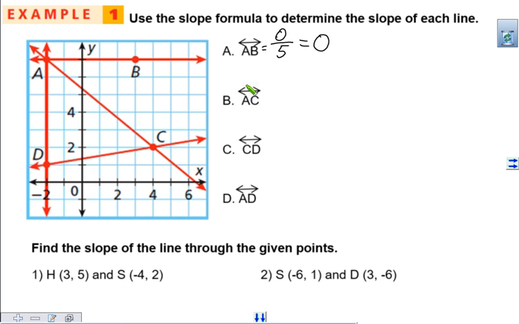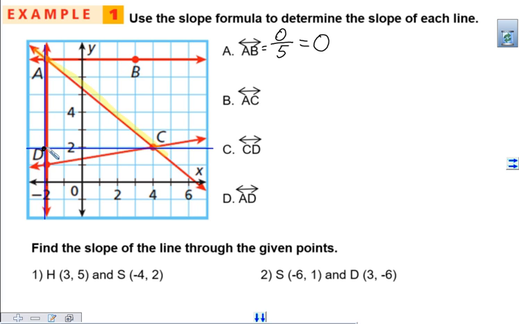Now we are going to look at line AC. So this is line AC. And I want you to do like we talked about yesterday and draw your grid lines in and make sure that they intersect and actually make a right angle.